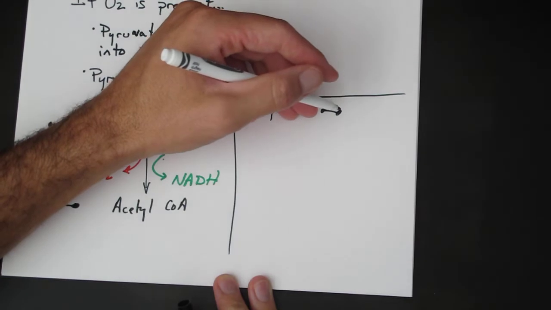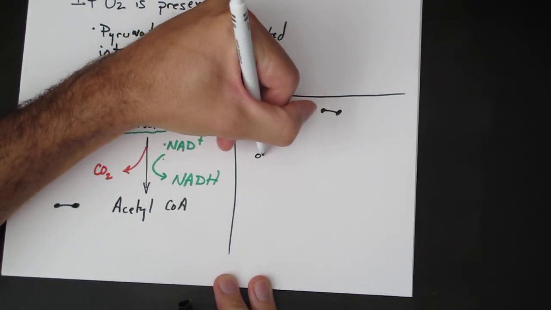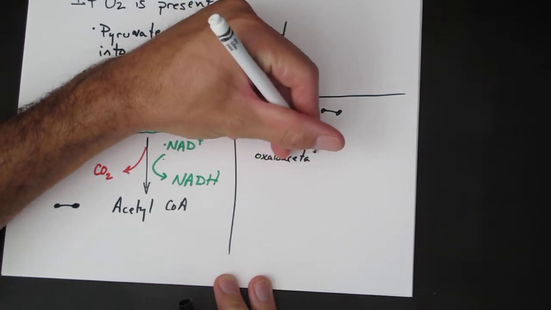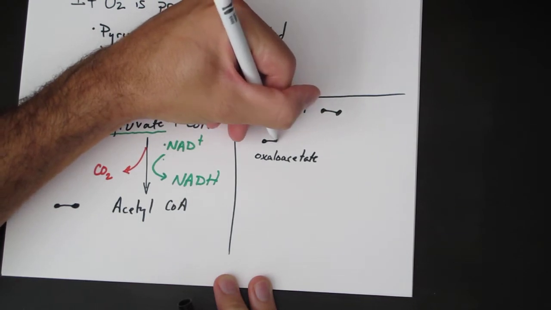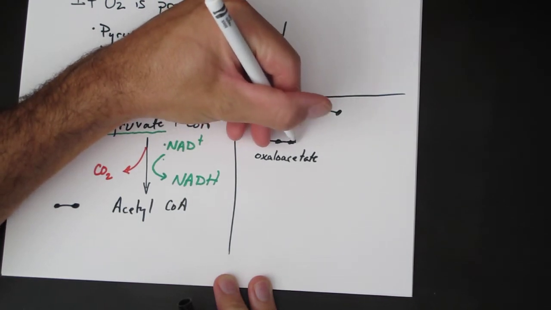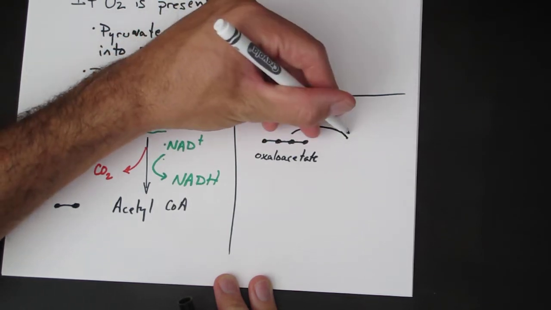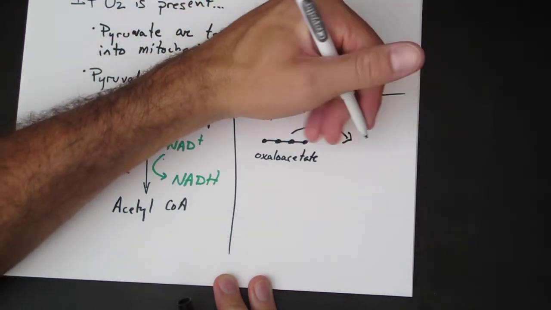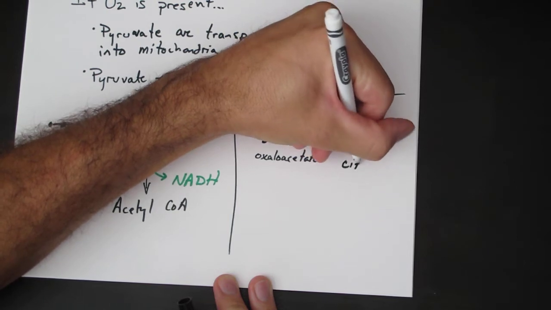So it's going to combine with something called oxaloacetate, O-X-A-L-O-A-C-E-T-A-T-E. Oxaloacetate is a 4-carbon molecule. So we're going to have oxaloacetate and acetyl-CoA combining into something called citrate or citric acid.